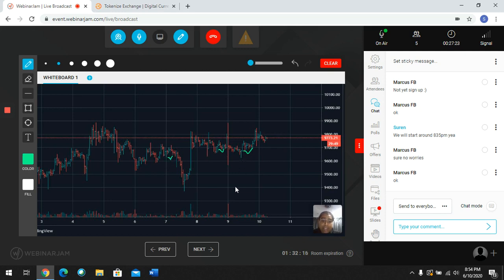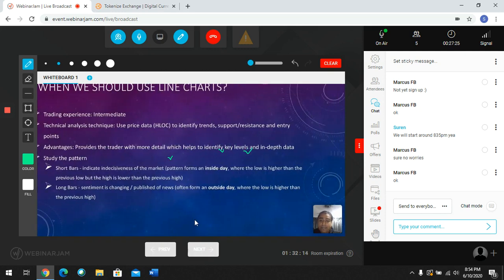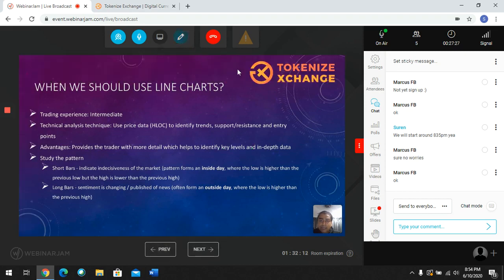It's indicating that the market is very quiet. Short bars indicate indecisiveness of the market, where the low is higher than the previous low, but the high is lower than the previous high. So it's actually going downtrend. Don't worry, we're going to do it on the chart later on, so we have a better understanding of that.